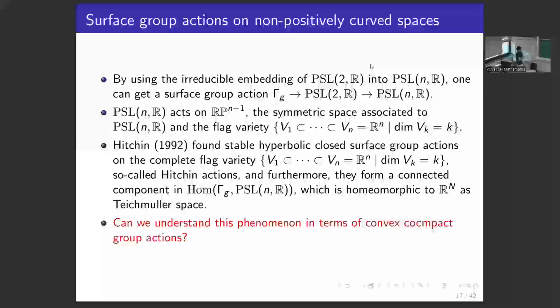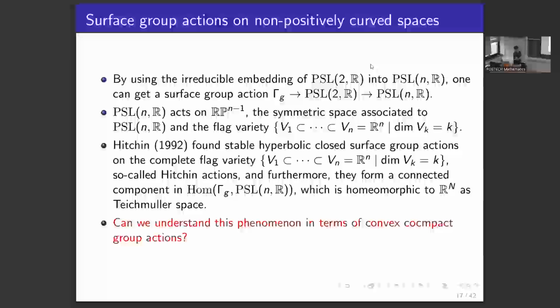So can we understand this phenomenon in terms of convex cocompact group actions? People have tried to understand the Hitchin action in the terminology of convex cocompact group actions, but it is a little different, because PSL2R acts on H2, the hyperbolic 2-plane, but PSL-NR acts on this kind of thing.